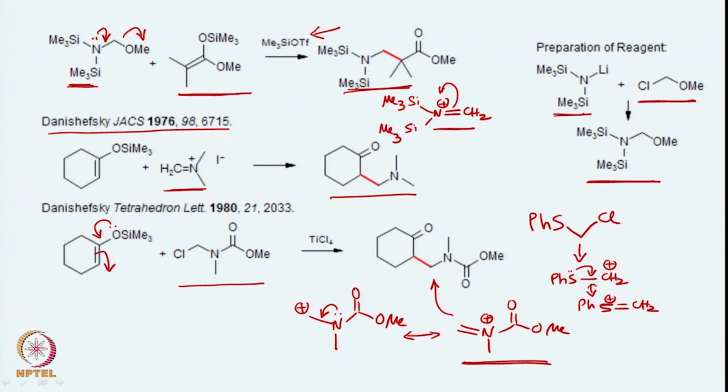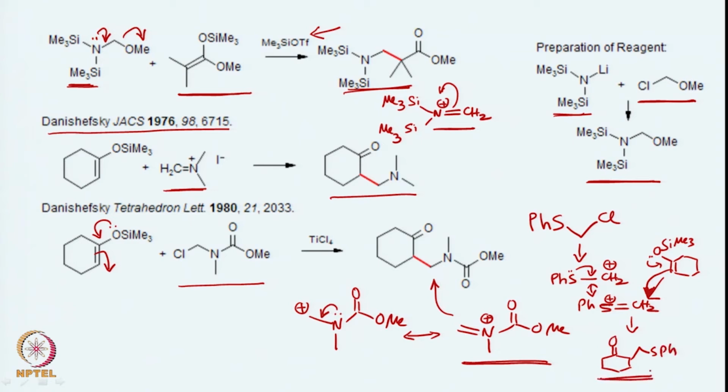So, you have the resonance between these two, and then the nucleophile from the enol silyl ether can attack onto this carbon atom. One can carry out this kind of reaction, and this will give a ketone here and then CH2S phenyl. So, this type of molecules can be made.